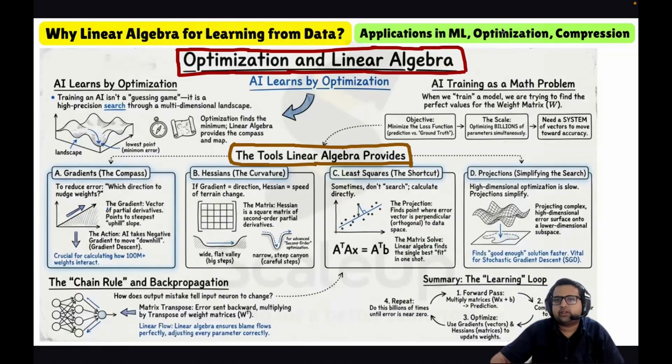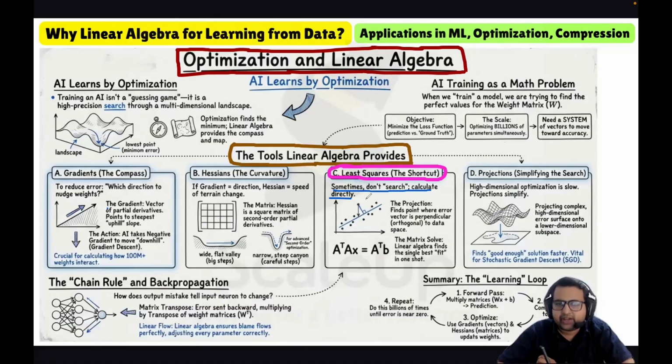Now the next tool of linear algebra which plays a role in optimization is least squares. Least squares is the shortcut. The idea is that sometimes we don't need to search for the best answer. We can calculate it directly. Let us see how we can calculate the best answer directly, rather than searching for it.